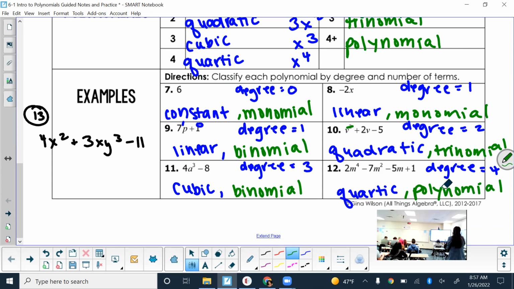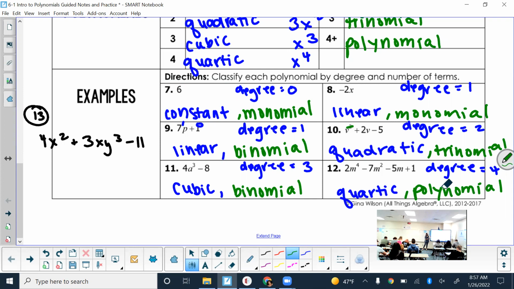All right, good. One thing I do want to point out is that in this example set, the overall degrees happen to fall on the first term. That doesn't necessarily happen all the time. So make sure you look at each term and see what's the highest and then label the overall degree.